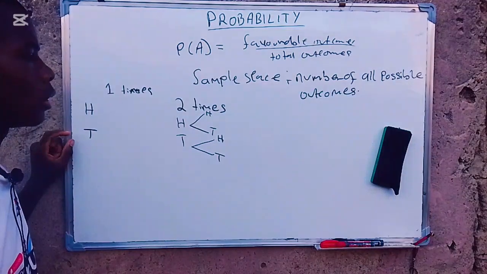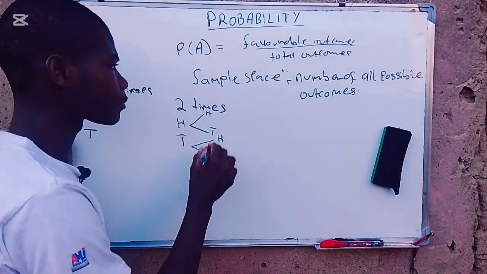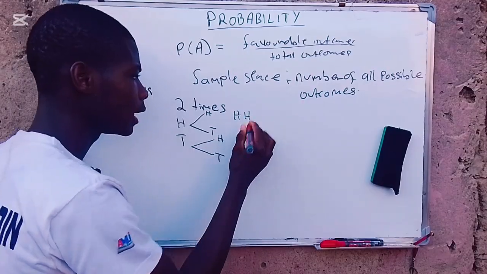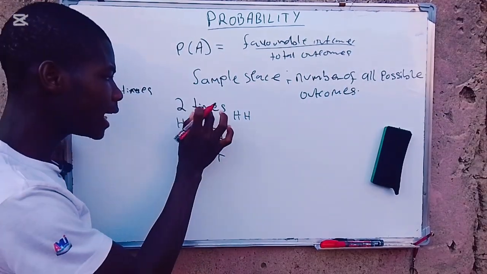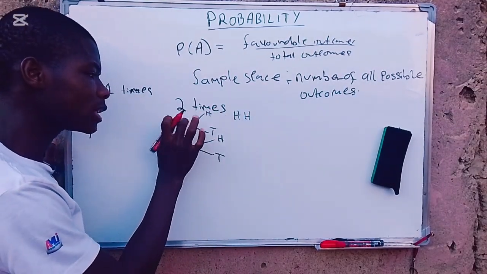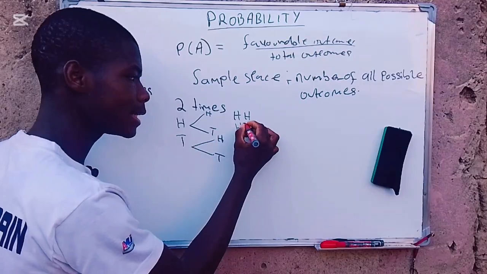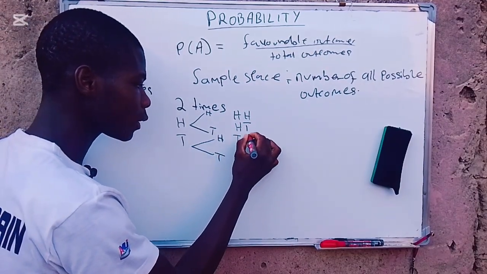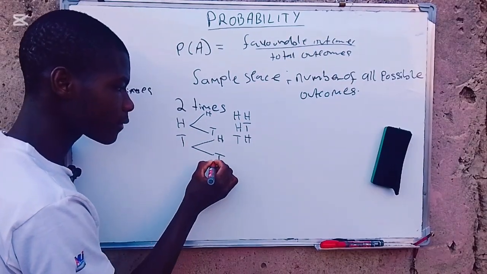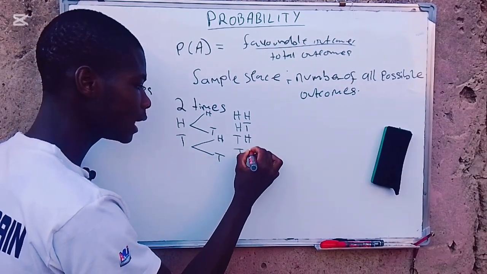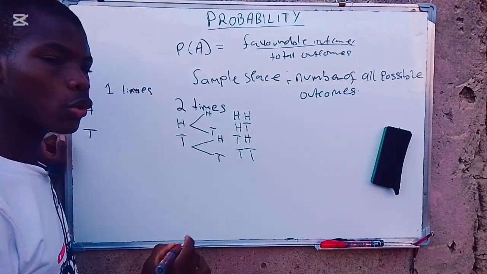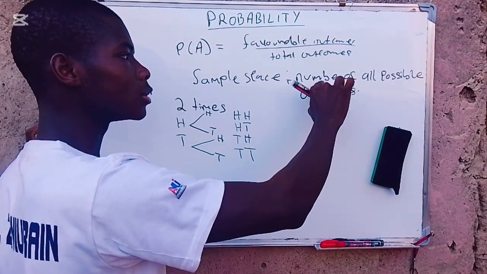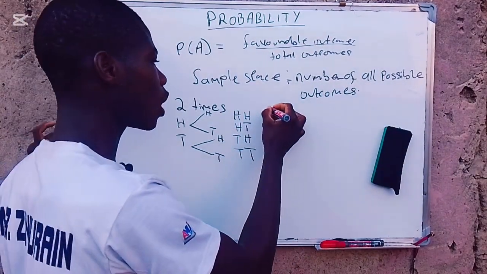So for now, what is the sample space? There is a probability that I will get head and head, a probability that I will get head and tail, also a probability that I will get tail and head, and also a probability of getting tail and tail. So therefore the sample space, which is the number of all possible outcomes, should now be what?